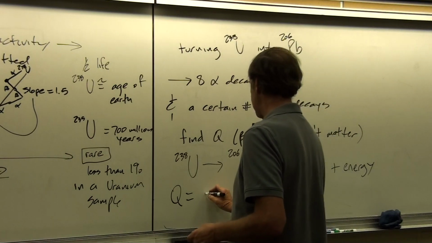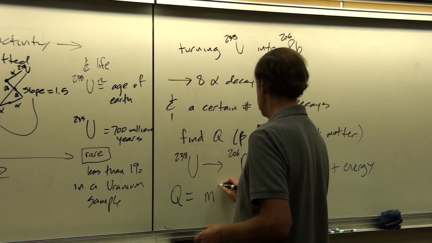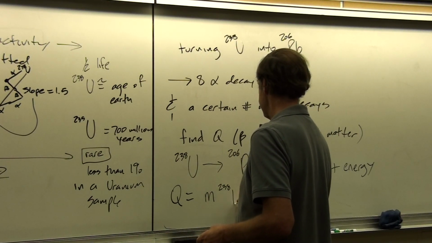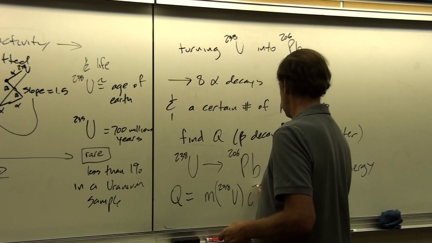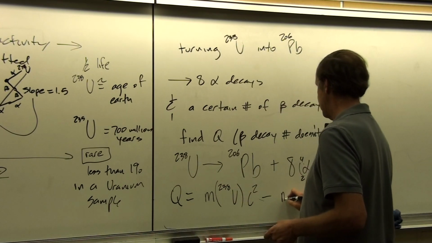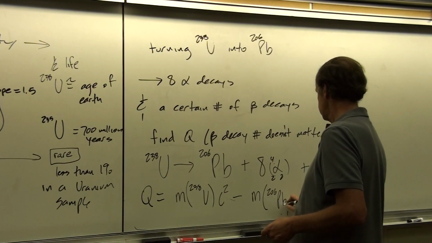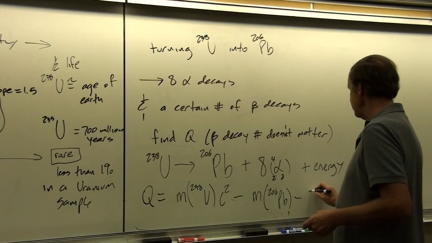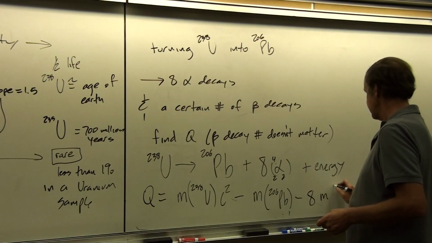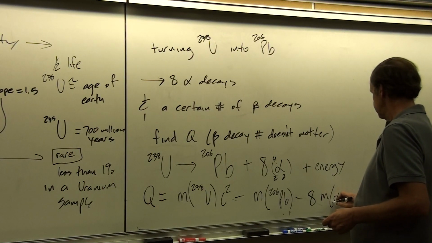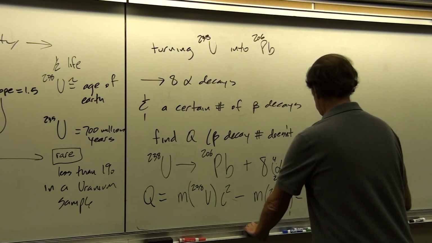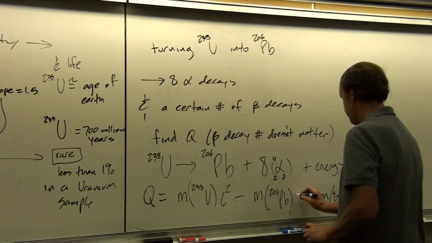So that's going to be the mass of the U-238 times C squared minus the mass of the lead-206 minus 8 times the mass of the alpha particle, 8 times 4.002603, all times C squared.